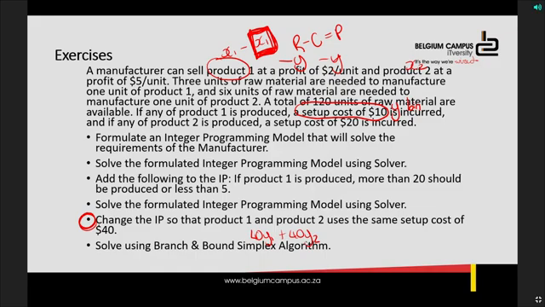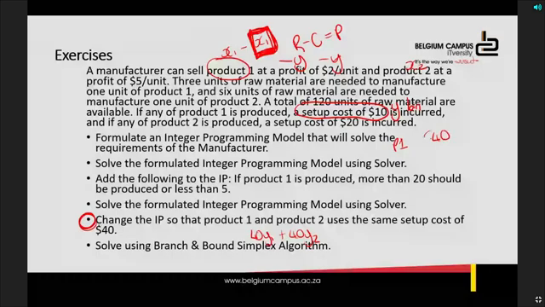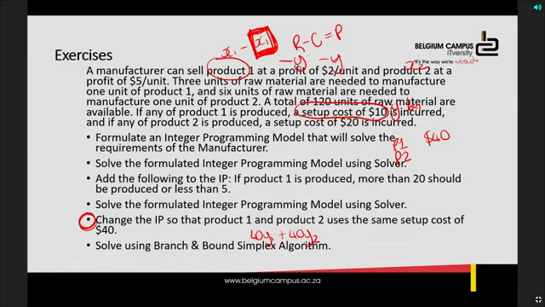Now, that would work if, let's say, you're going to pay it twice. I'm hoping you hear what I'm saying. Meaning, if I make units of product 1 and I pay $40, and then I make units of product 2 and I'm going to pay another 40, then basically, in terms of machines, I have 2 machines.